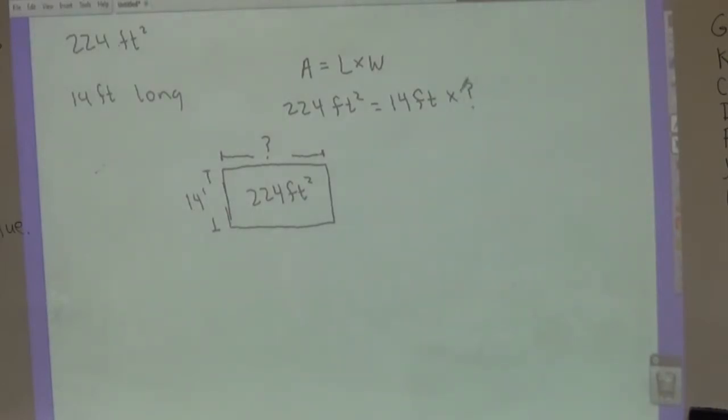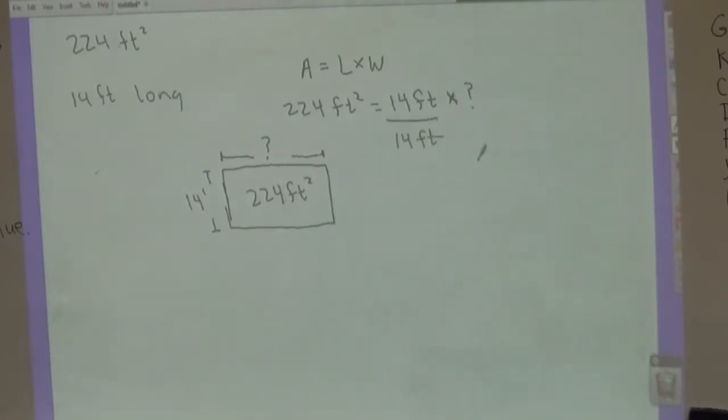If I want to know what this is, I have to get this 14 feet to show up on this side of the equation so that it tells me what that equals. Because this is multiplied, the way to get rid of this 14 is by dividing by 14 feet.